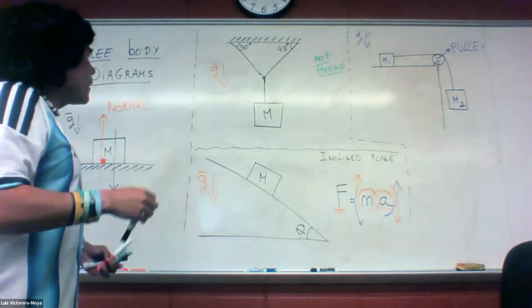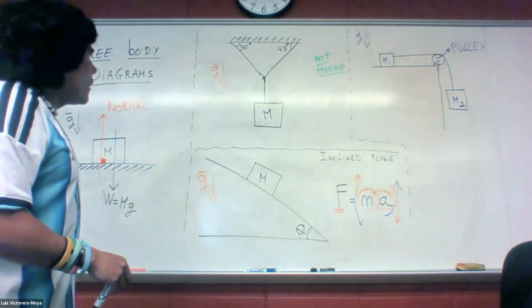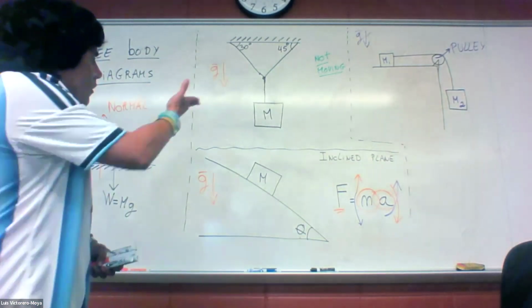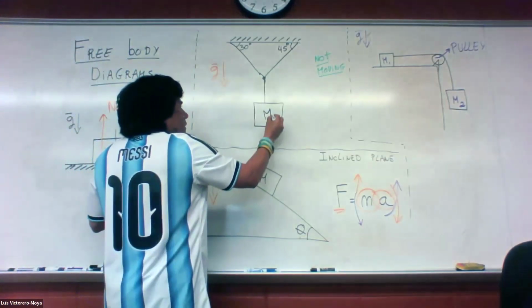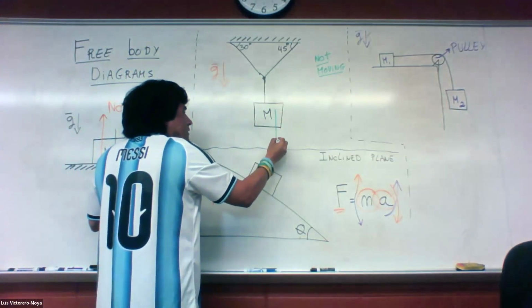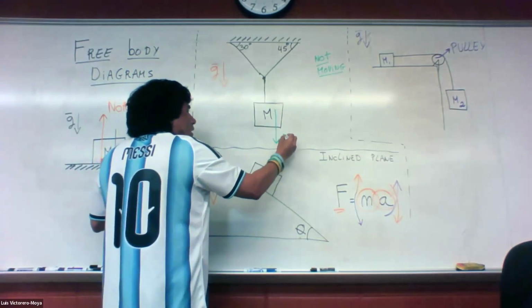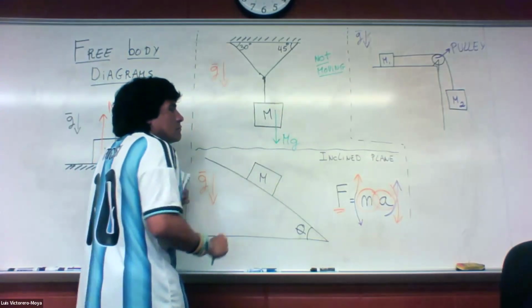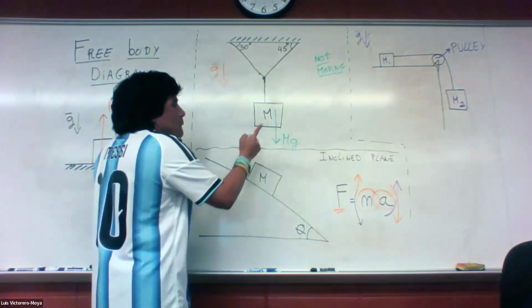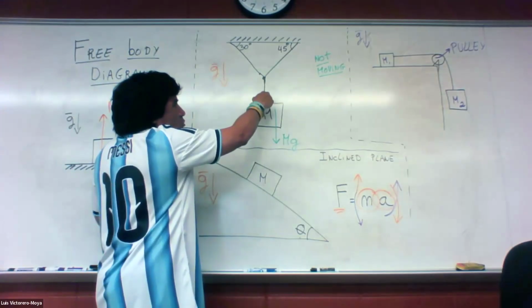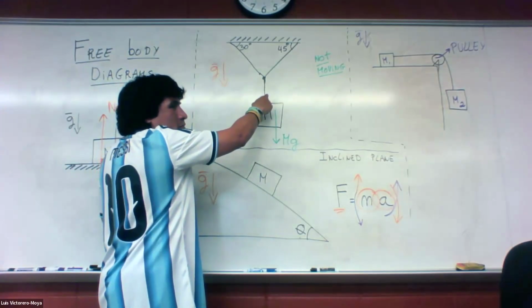So we have a mass, gravity, you have the weight, mg. That's the weight. There's no normal, but the mass is connected to a string or another rope.